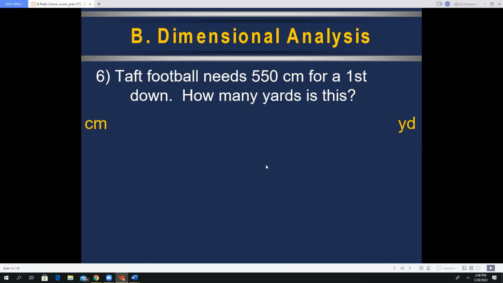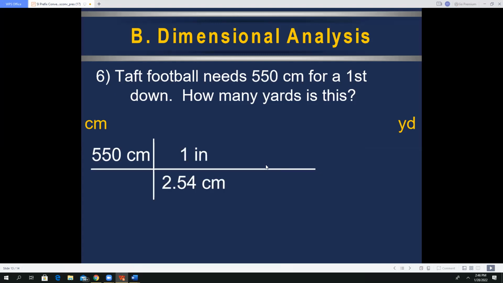Okay, we have agreed. So we're going to go from centimeters to inches. And then we know that every foot has 12 inches, and every yard has 3 feet, right?